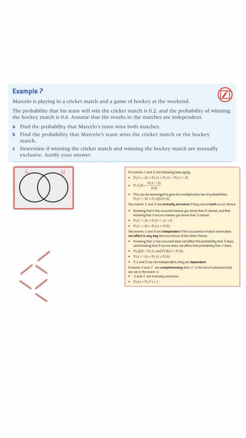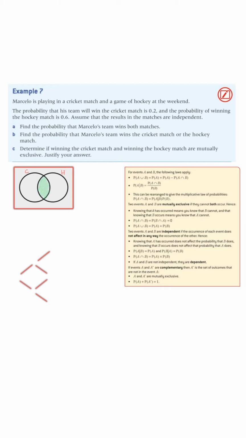Now what they're saying is, find the probability that Marcelo's team wins both matches. If they win both matches, it's got to be within this area here. That area is winning both matches.